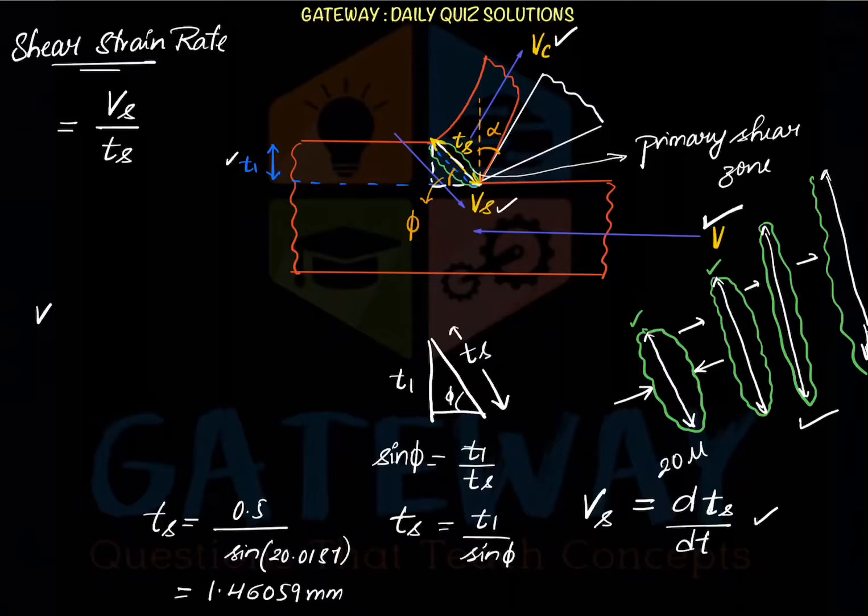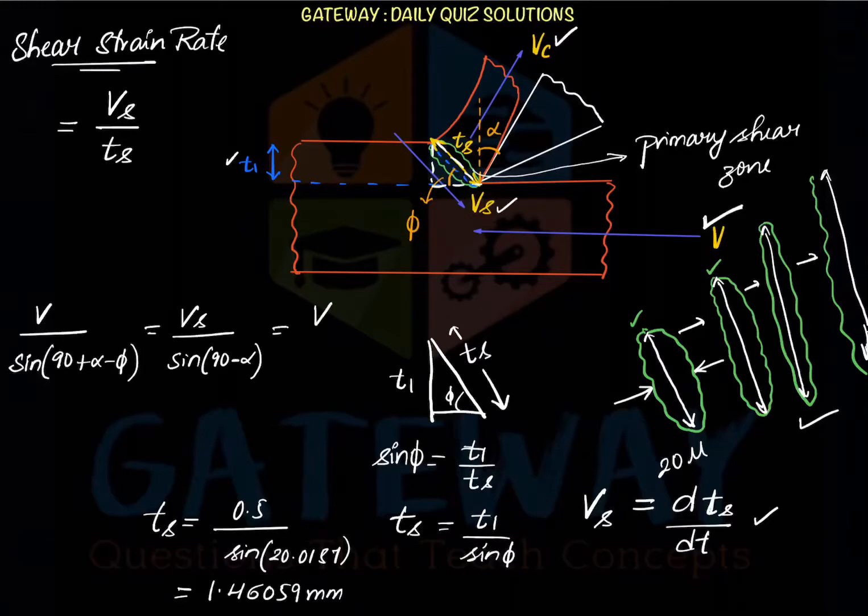And the relation is: V, the ultimate cutting velocity, upon sin of 90 plus alpha minus phi is equal to V shear, nothing but the velocity of shear, upon sin of 90 minus alpha, that is equal to the velocity of chip upon sin of phi. Here we know the value of V, we know the value of alpha, we know the value of phi.